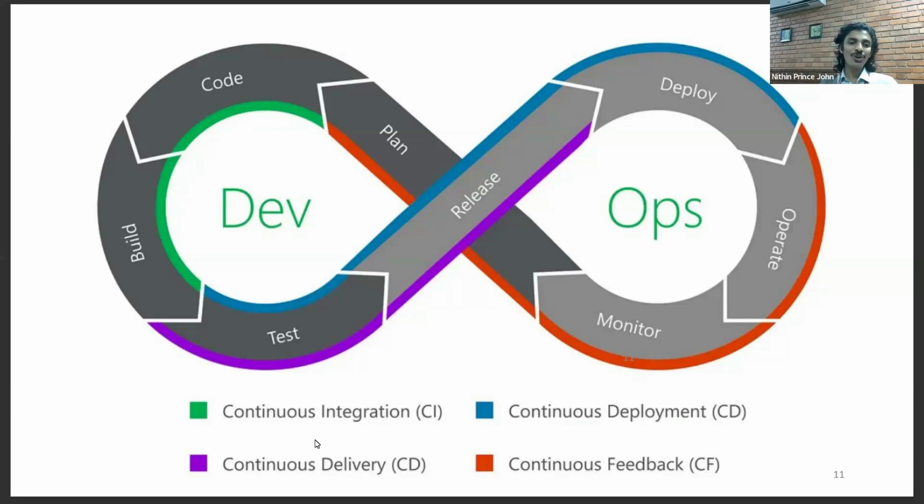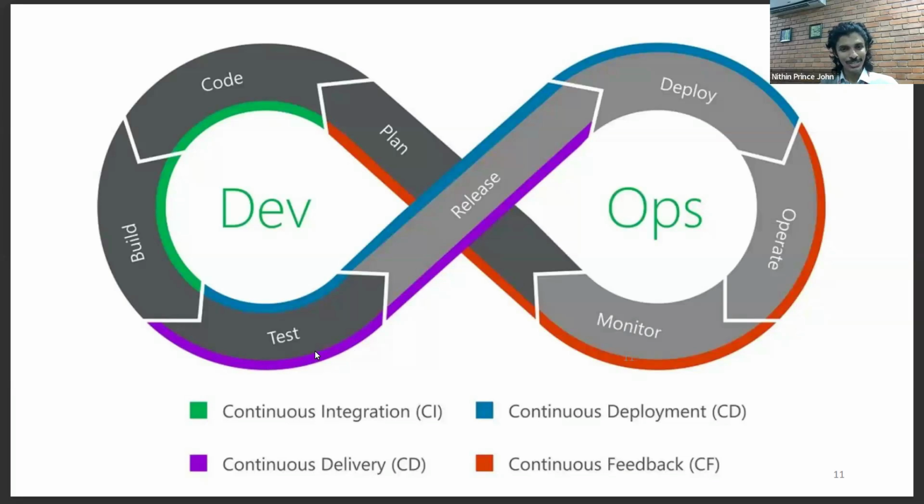Then if you are following continuous delivery, that means up to the UAT or the pre-production server, we are automating everything. If that's the case, I can say continuous delivery is an extension of continuous integration. That means continuous delivery starts with the coding phase, then building, then testing. Once the artifact is created, these artifacts will be deployed to the dev environment and the pre-production environment.